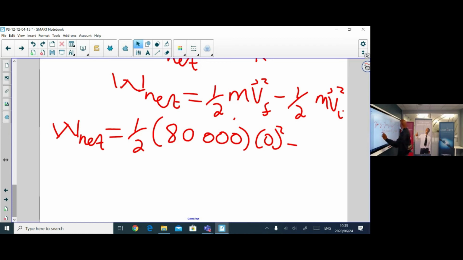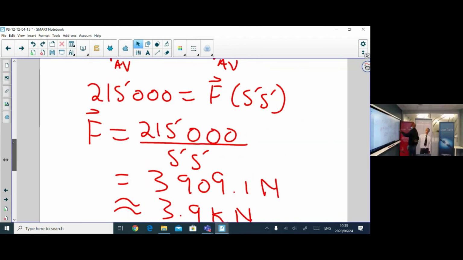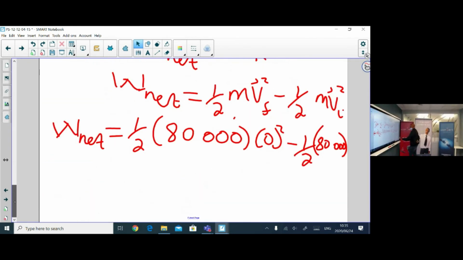Now we have minus half. What about the mass? It's still the same mass, 80,000. What about the velocity there? That is 55 squared.